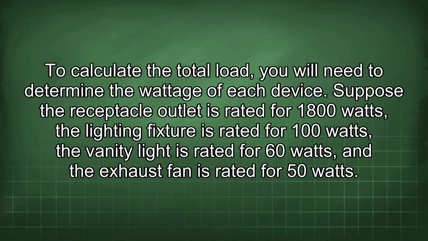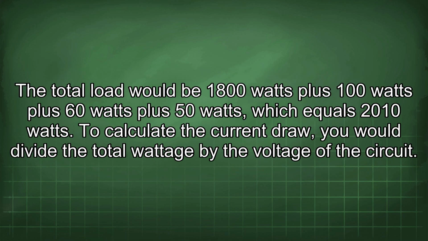To calculate the total load, you will need to determine the wattage of each device. Suppose the receptacle outlet is rated for 1800 watts, the lighting fixture is rated for 100 watts, the vanity light is rated for 60 watts, and the exhaust fan is rated for 50 watts. The total load would be 1800 watts plus 100 watts plus 60 watts plus 50 watts, which equals 2010 watts.